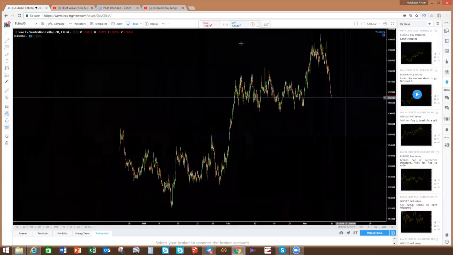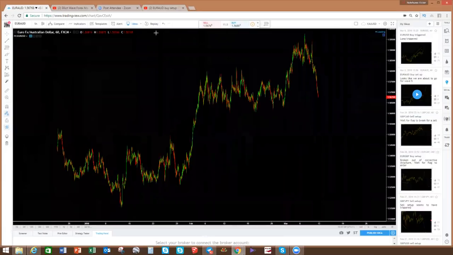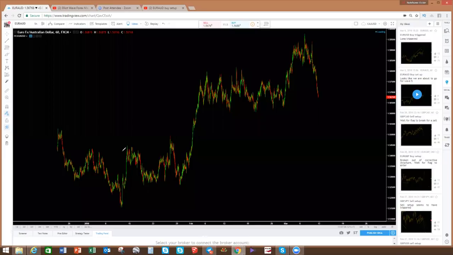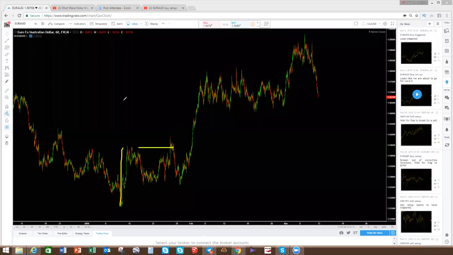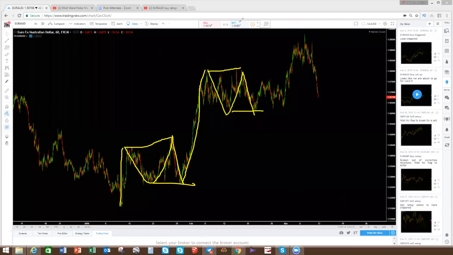Firstly, it was, as you can see here, impulse up, correction. See here, regular flat correction. That's your wave 2, impulse up, this complex correction, 1, 2, 3, and then the move up started like that. It's a 1, it's a 2, it's a 3, it's a 4, it's a 5.